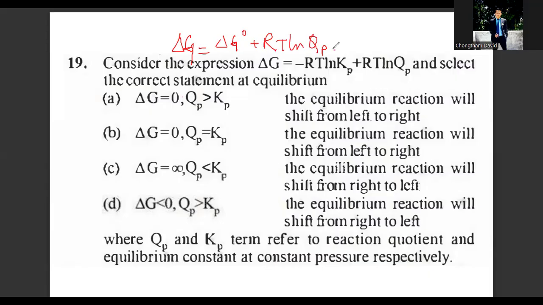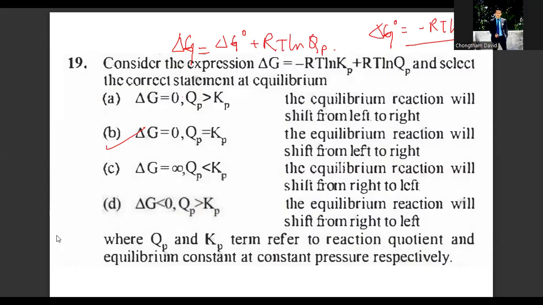When the reaction is in a state of equilibrium, the free energy would be zero. So the standard free energy would be minus RT ln Qp, and this Qp would change to Kp. So we can rewrite delta G naught is minus RT ln Kp. So B is the answer for question number 19.